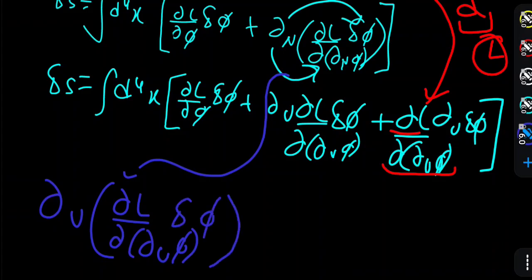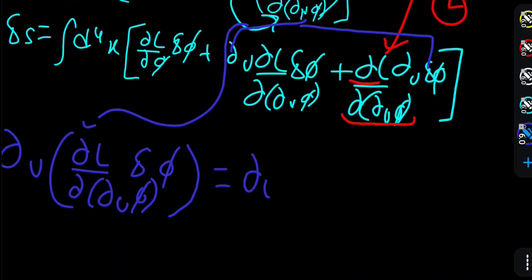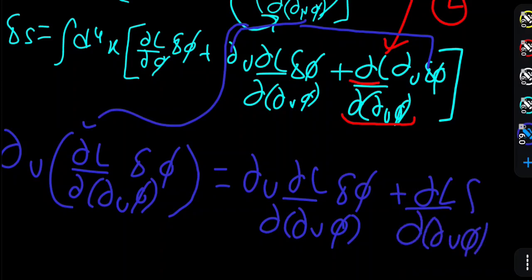This is our equation, and this is equal to these two things: del mu of del L divided by del of del mu phi and a small variation in phi, and then plus del L, the Lagrangian density, del mu phi and here small variation in phi.